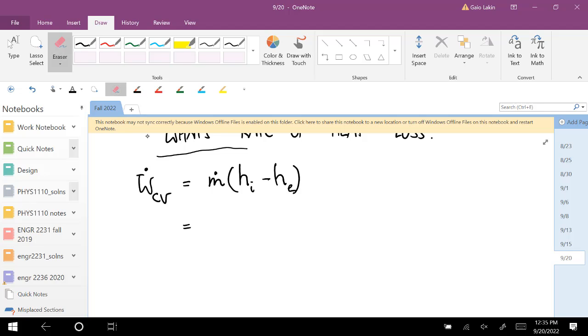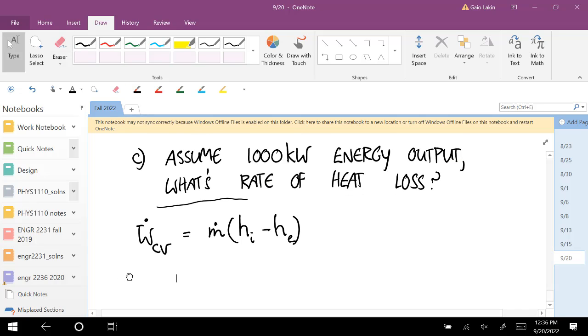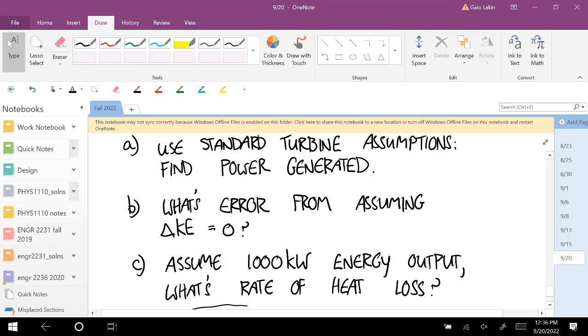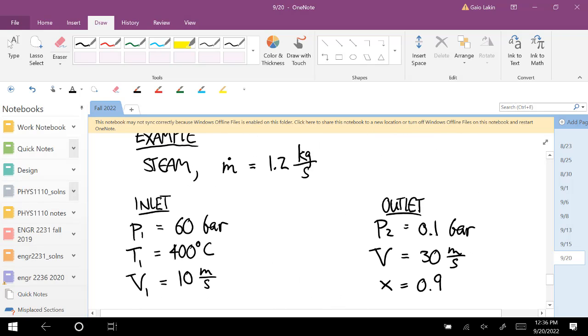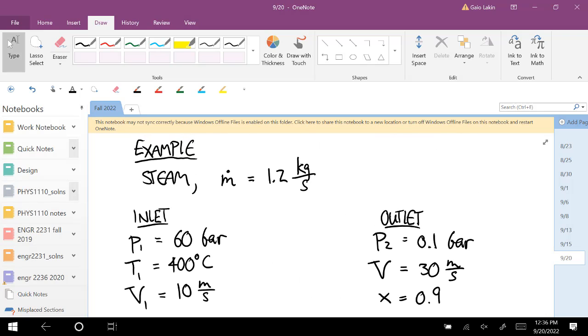Well, let's not start writing that yet. So where are we going to get these enthalpies from? We're told that it's steam. If they go through the effort of telling you a material that you have tables for, it's a good chance that you're going to use tables. We have the pressure and temperature when it's superheated vapor, and we have the pressure when it's saturated, so we know we have enough information to look this stuff up in a table.